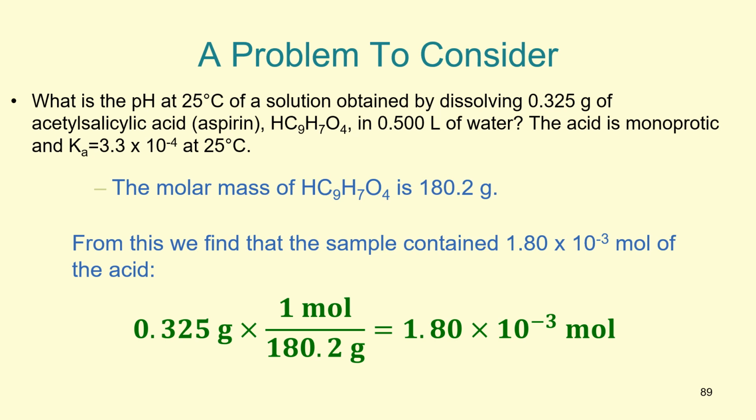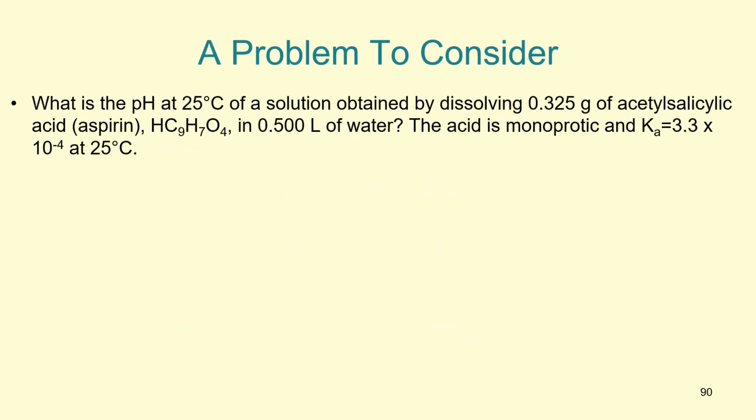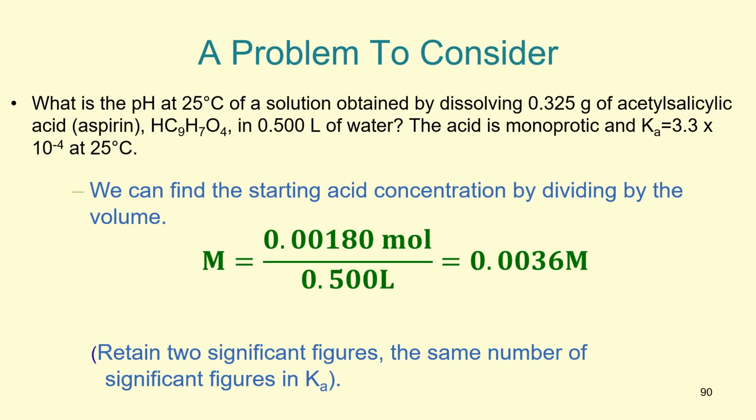There's 1.8 times 10 to the minus 3 moles put in a half a liter, 0.5. So we have to divide by the volume. So our concentration is 0.0036 molar. You probably could use 3 significant figures here, but the Ka only has 2, so we're just going to keep 2 in this case.